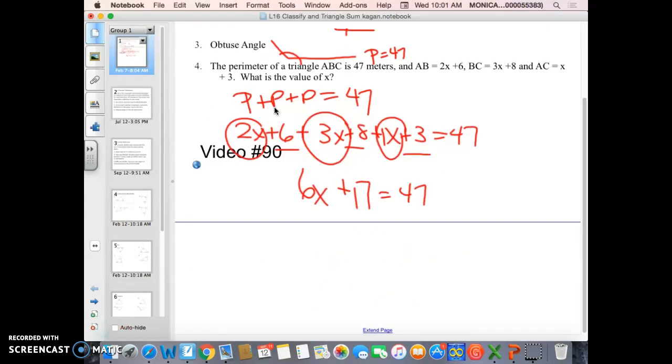Now I'm going to subtract 17. And you get 6x equals 30, divided by 6, and x equals 5.